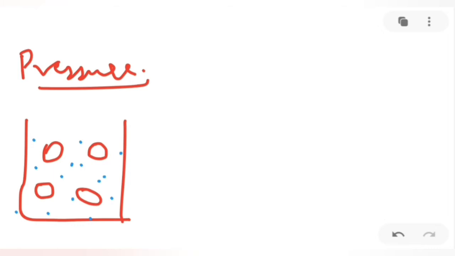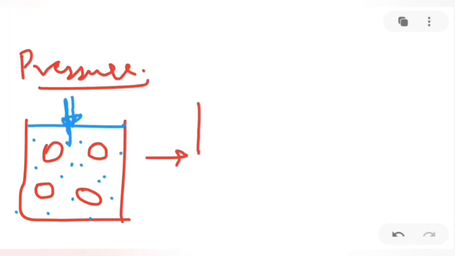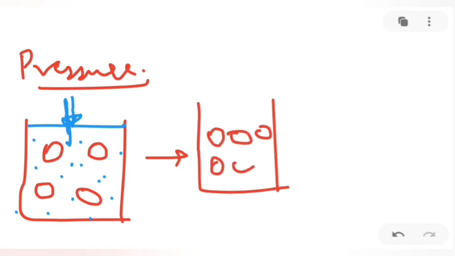When we apply pressure from the top, this was the container, now pressure is being applied. So what will happen? This will compress, and after compressing, the particles will come close to each other. So when they are coming close to each other, this is the structure of the liquid state.